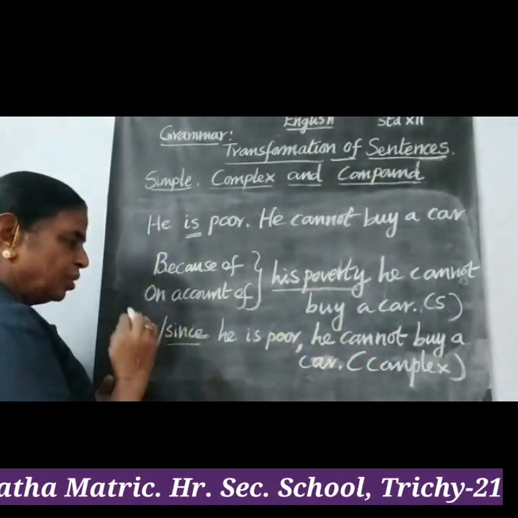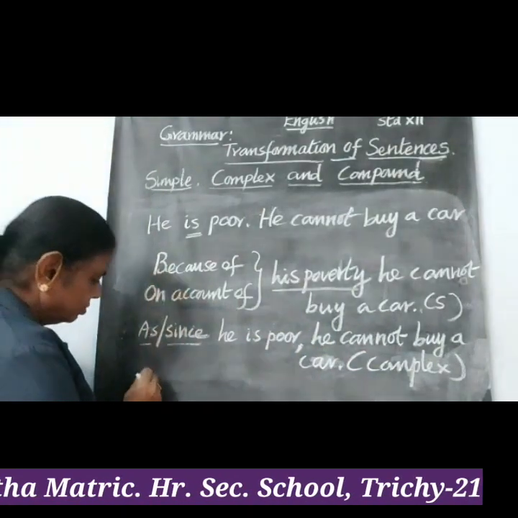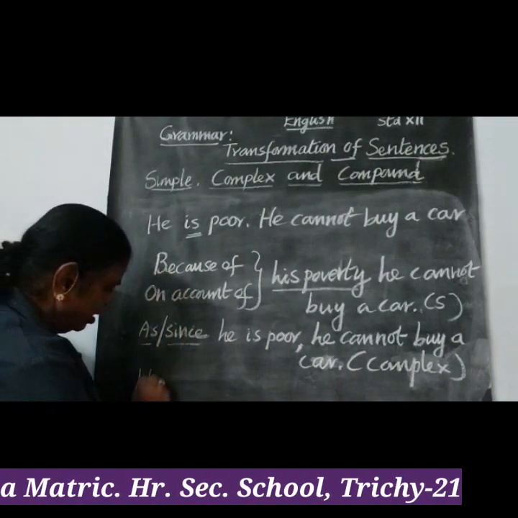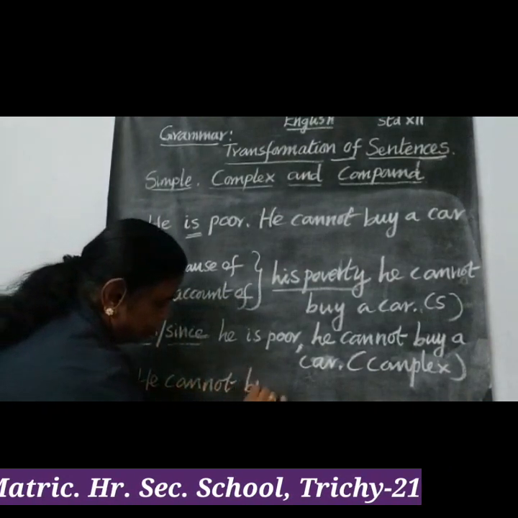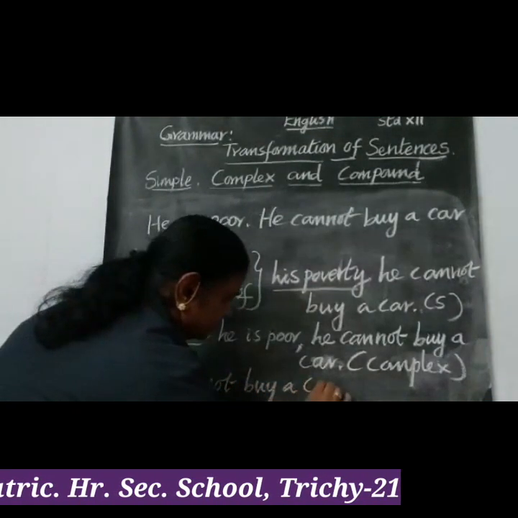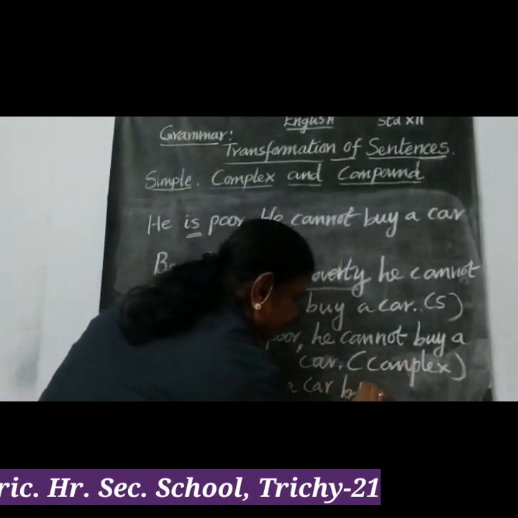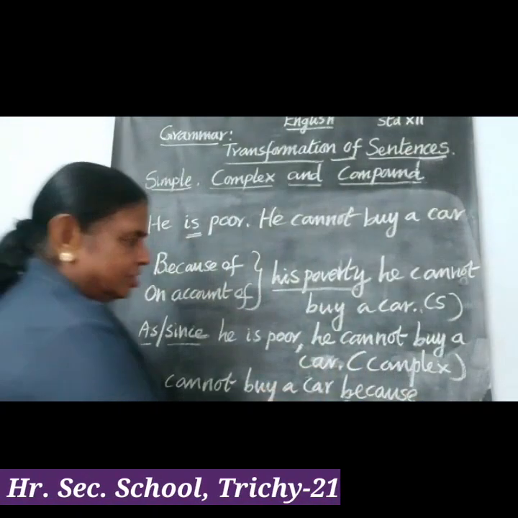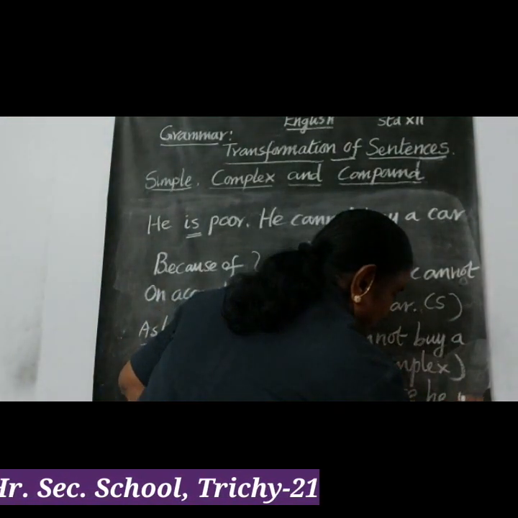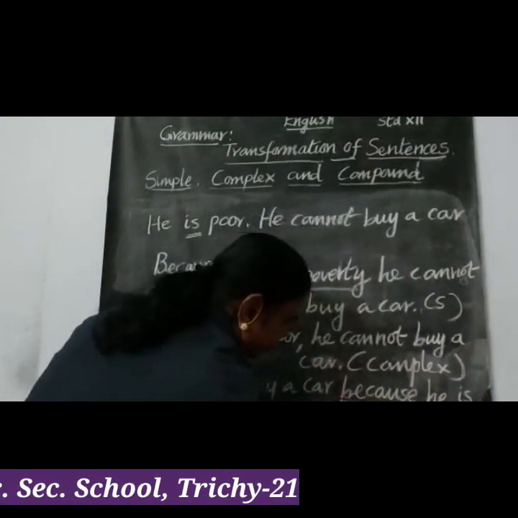But if I want to use because, I have to write, he cannot buy a car because he is poor. So you have to give the reason last, because he is poor. We understand this difference now.